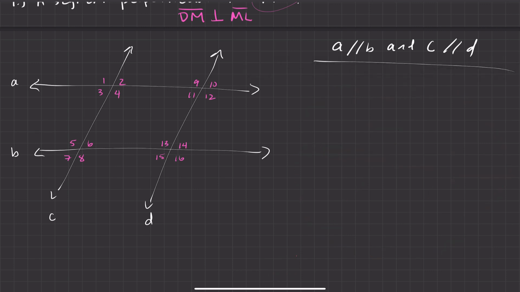All right, so let's go ahead and do some more. I'm not going to stop until we all understand what's going on. So let's go ahead and do angles 4 and 11. I think I should go a little faster now. So this is 4, this is 11. 4 is part of this line, and 11 is part of that line. 4 and 11 share this transversal, so I'm going to keep note of that.